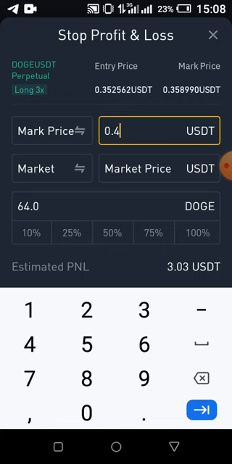It will be profit, and you can see it displayed here at estimated PNL below as 303 USDT because it's acting as take profit. Now if I put a price below the entry price and put in 0.2, it becomes a stop loss. I'll be losing 9.76 USDT because it's below the entry price.